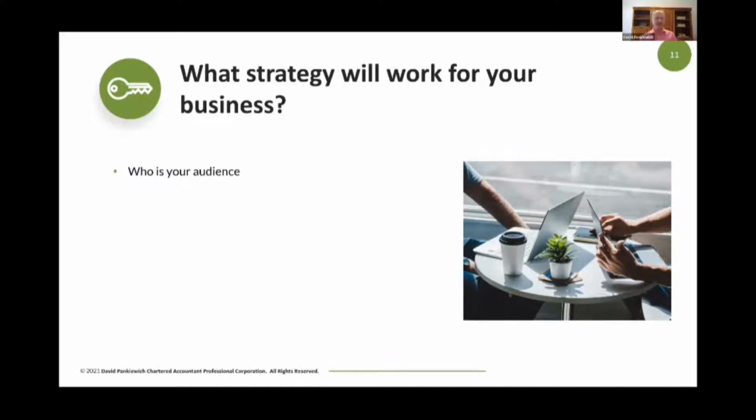And we talked about things such as, is geography important? Is the type of client, the size, how long they've been in business? Is the customer's personality important? What are their needs, their wants that you can solve? What are their challenges, their problems and pain points that your business really can address?